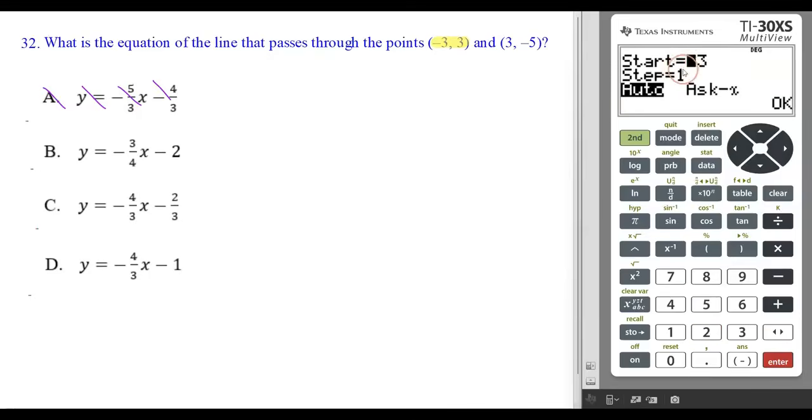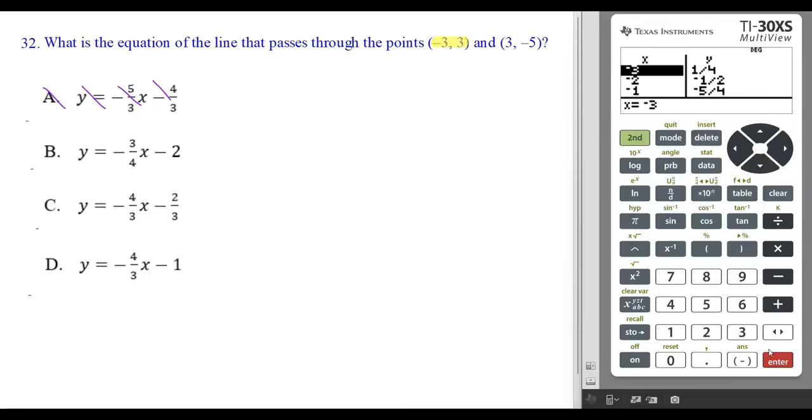Our table starts at -3. That makes sense. That's where we left off. I'll just keep it at -3 this time. Hit your down arrow repeatedly till it says OK. Hit enter. Now let's see. Let's go to -3 again. I'm already at -3. In the second column, do I have a 3? No, it says -3 1/4. This would need to say a 3. It doesn't, so B's gone.